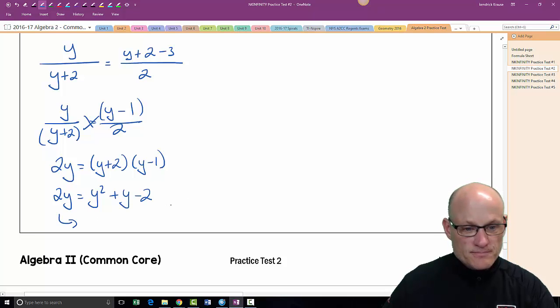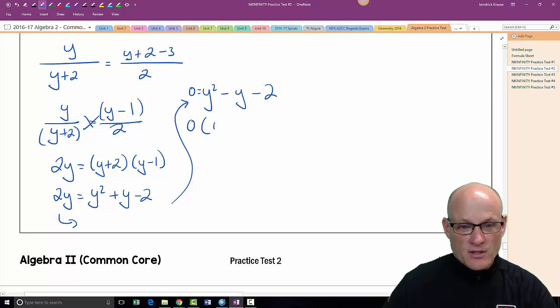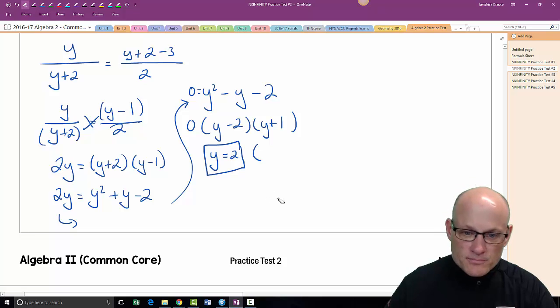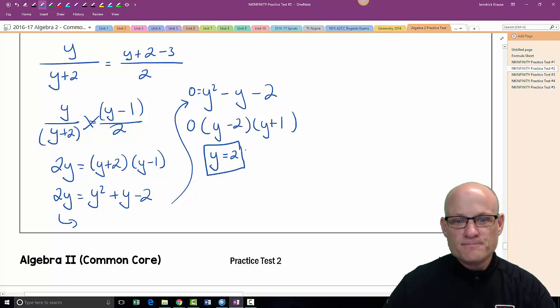Bring this over, and I get 0 equals y squared minus y minus 2. Factor it, y and y. Negative 2 and positive 1. So my two y values are y equals 2 and y equals negative 1.